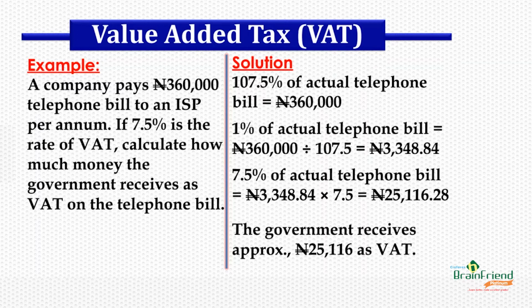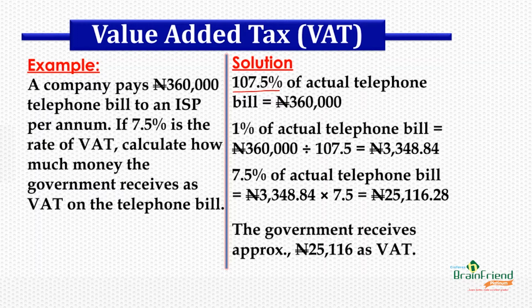If 7.5% is the rate of VAT, calculate how much money the government receives as VAT on the telephone bill. Now, to solve that, we have to take note that the amount 360,000 naira is 107.5% of the actual amount or the actual money for the bill.